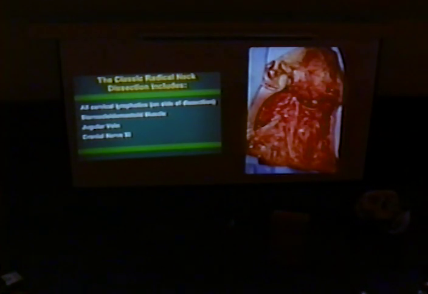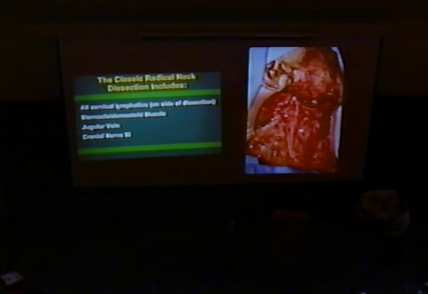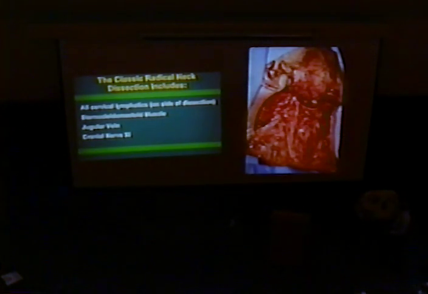You notice there's a chunk missing because this patient had a cervical metastasis that was adherent to the lower border of the mandible, so we resected it. Here's the trapezius. You also see splenius capitis. This is the carotid artery, external, internal, the vagus nerve, the hypoglossal nerve. So this, again, is a classic radical neck dissection.